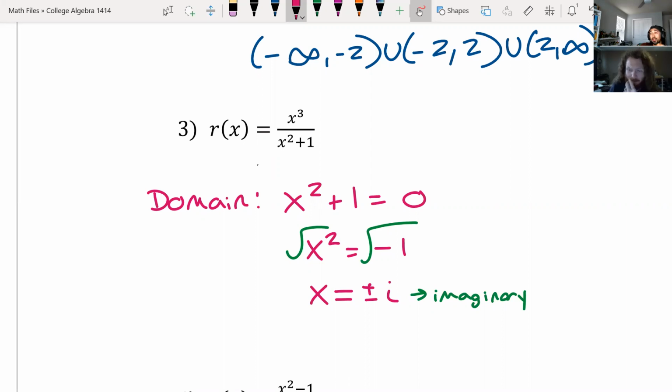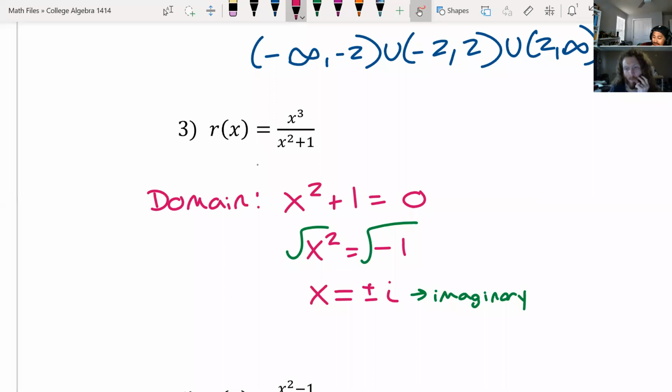If only imaginary numbers make this function undefined, then what are the numbers I could use for this domain? All real numbers.